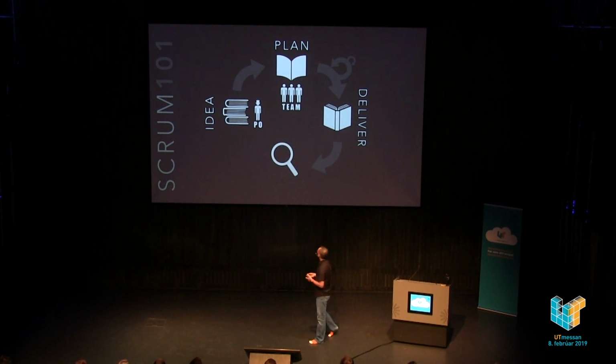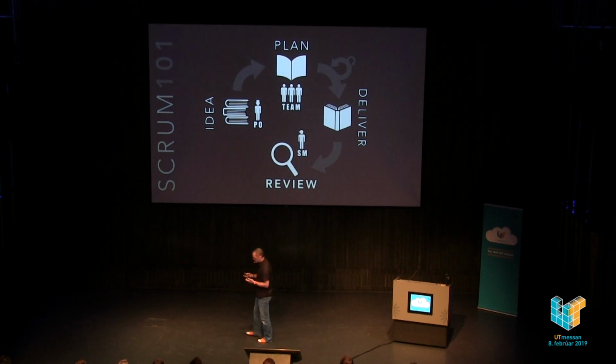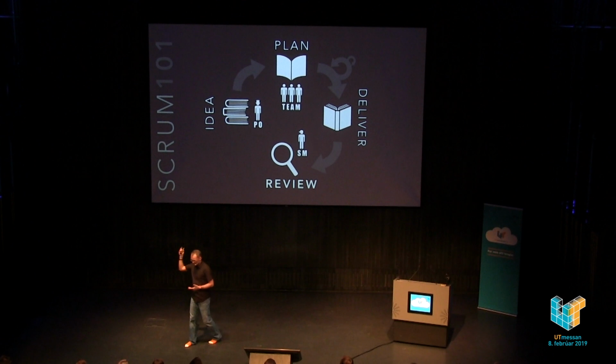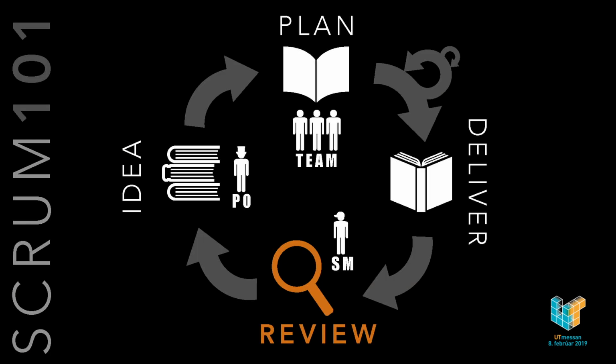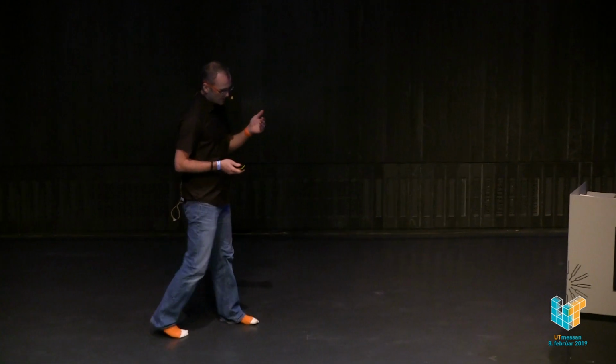And the last phase that we enter is a review of what they did previous to the delivery. So at the end of the sprint, they have a retrospective, you can also call it a review, where they look at what, from the start, from the idea, through the plan, through the delivery, through the sprint itself, did we do?